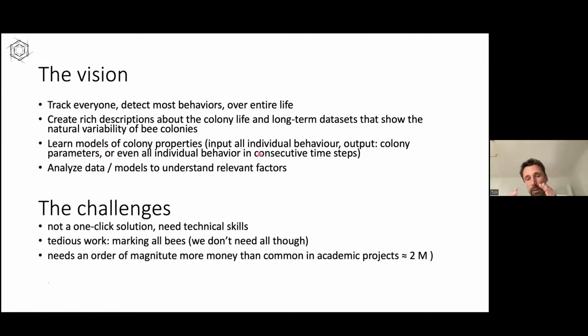And then look at these models and look at the data to understand what are relevant factors, and create hypotheses for the biologists to test. It doesn't make sense to record everything and then try to solve everything in this data set. I think this is the first step, to create hypotheses that are based on the data.